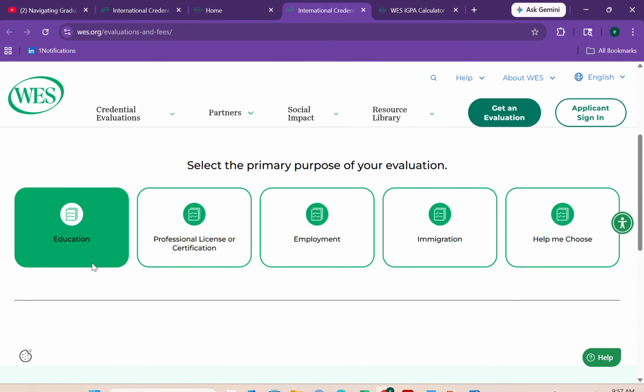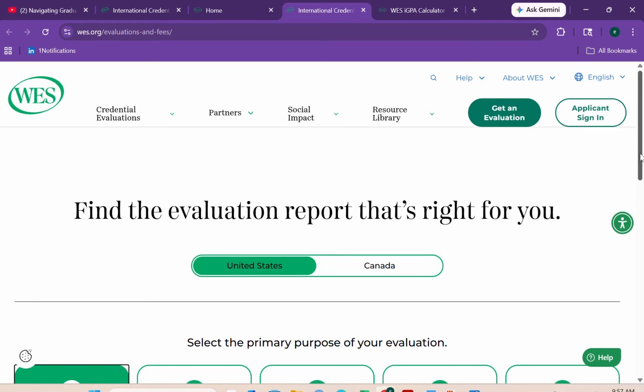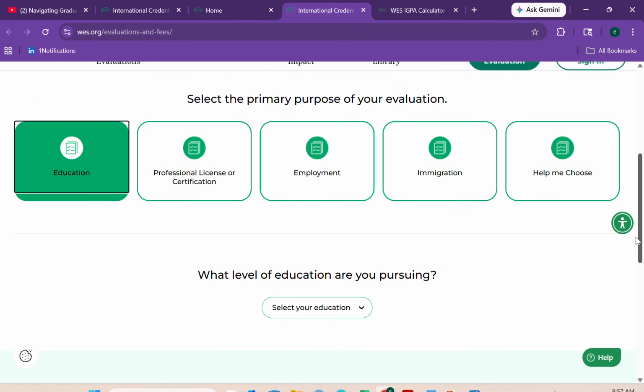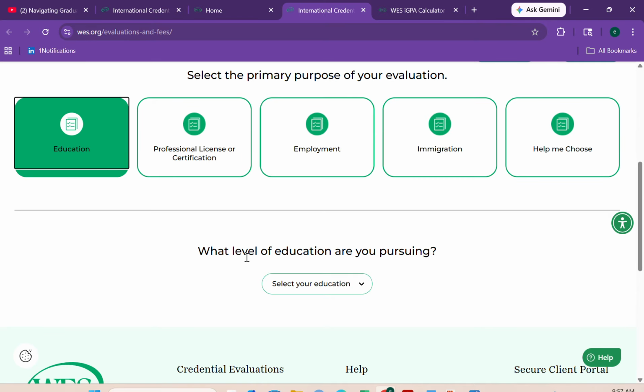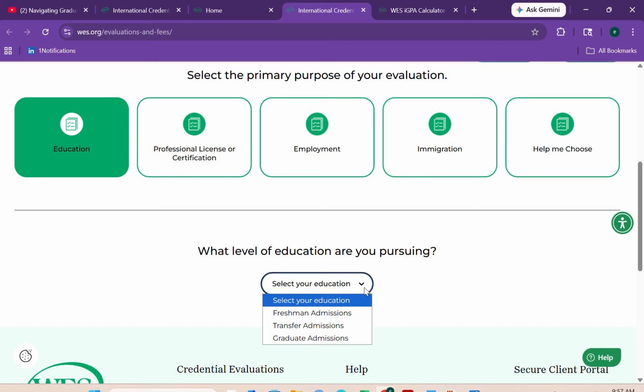If it is for education, let's look at the cost involved. You click on it, and it says what level of education are you pursuing. If you click on it, you see the drop down. They have freshman admissions, transfer admission, graduate admission.